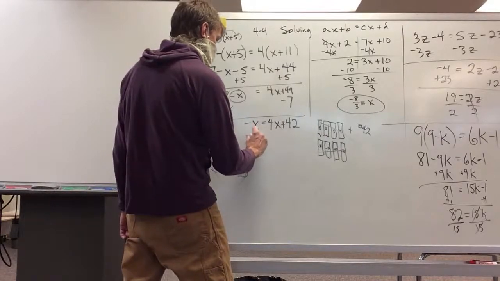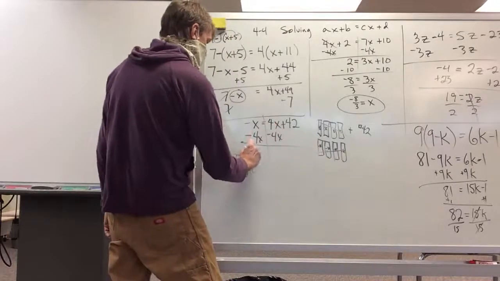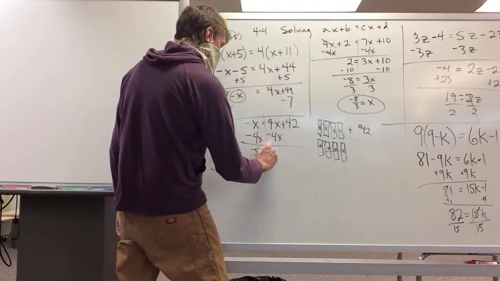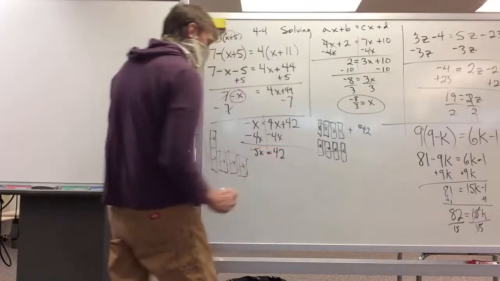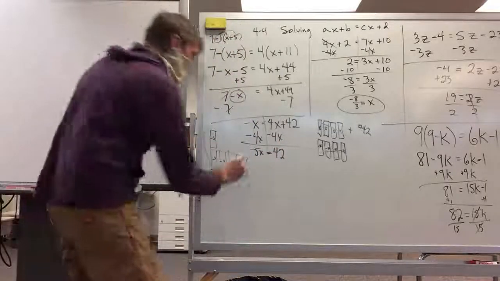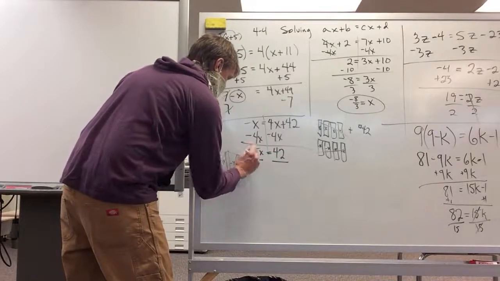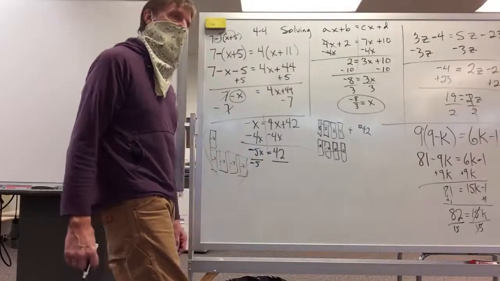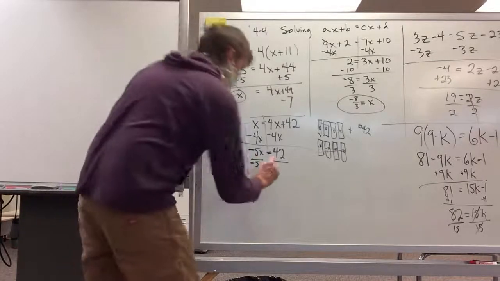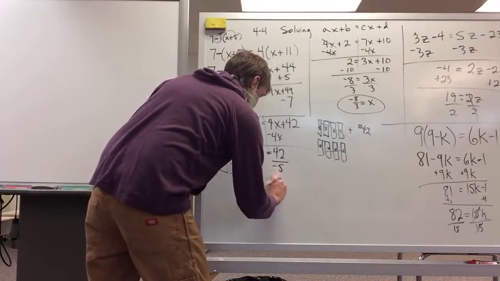So I'm going to subtract 4x, subtract 4x. That's a negative 5x. Equals 42. Now divide by how many? You have to divide by a negative so x comes out positive. So now x is negative 42 over 5.